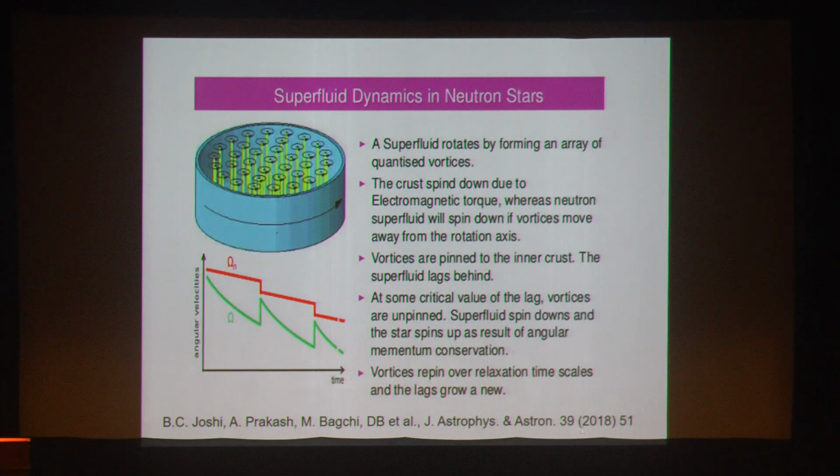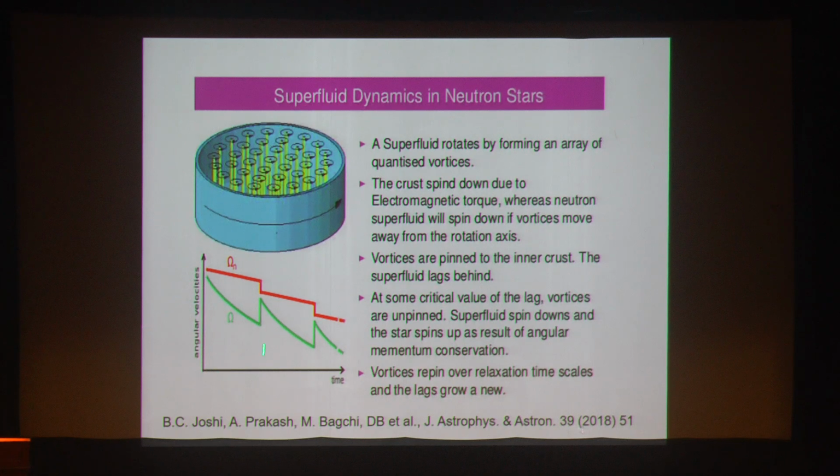Okay, on the superfluid point, this superfluid is rotating by forming an array of quantized vortices. Now this neutron star crust has a crystal structure. So at the lattice sites, nuclei or nuclear clusters are sitting, and these vortex lines are pinned to each nuclear site.